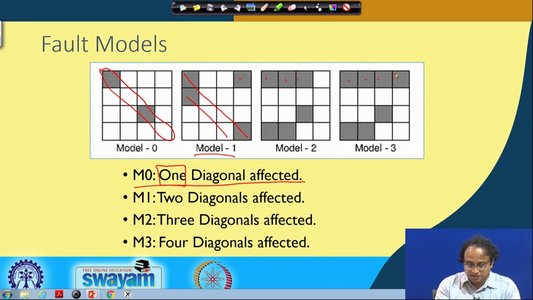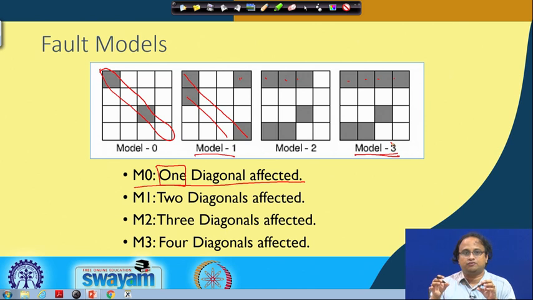You can easily see that model M3 is universal, because all possible faults in the AES state matrix would imply model 3, since all the 4 diagonals can be corrupted. Also, these models subsume each other, which means M0 is a subpart of M1.